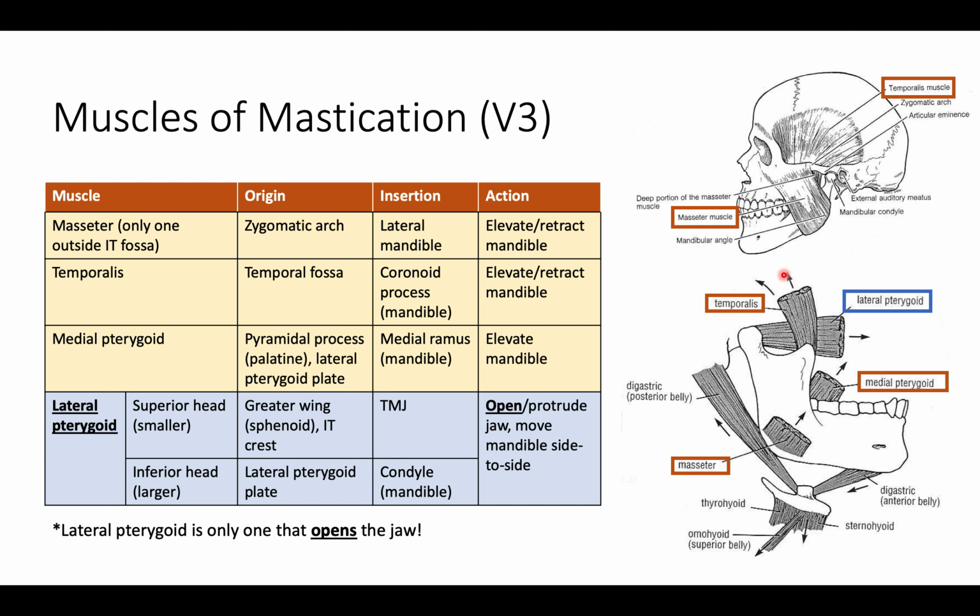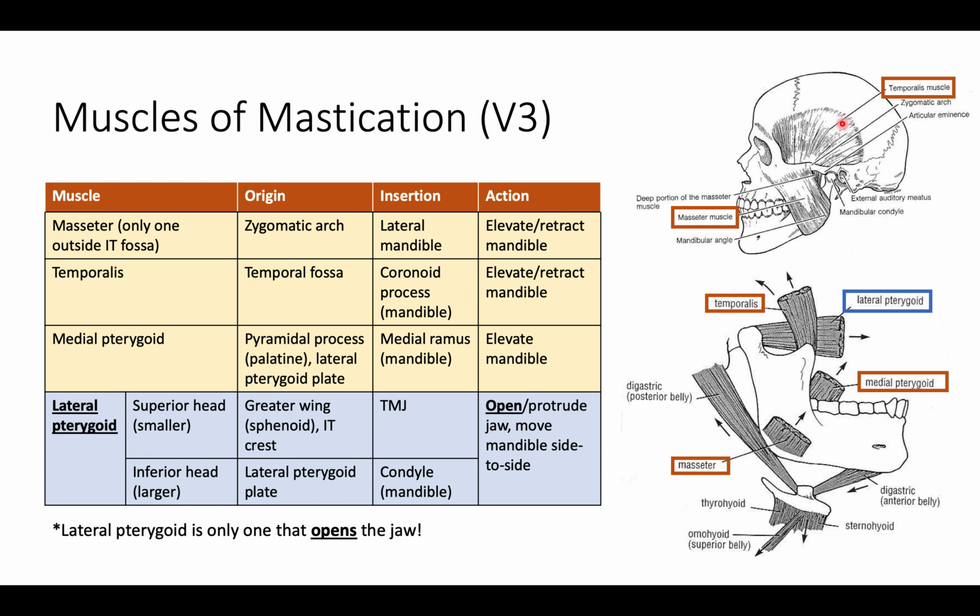The masseter, temporalis, and medial pterygoid are all going to elevate the mandible. The only one that can open the mandible is the lateral pterygoid, and that one is really important. Another important feature is temporalis. Of course, it comes from the temporal fossa, which makes sense.